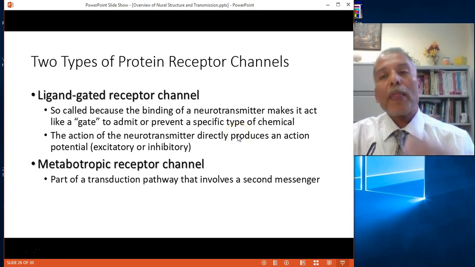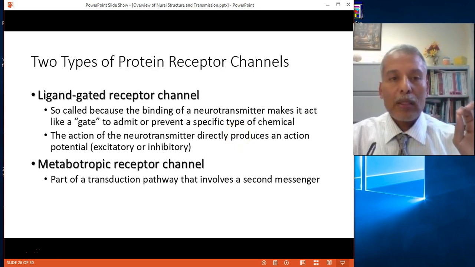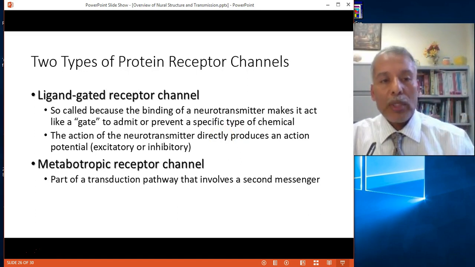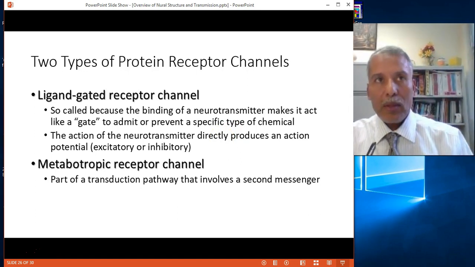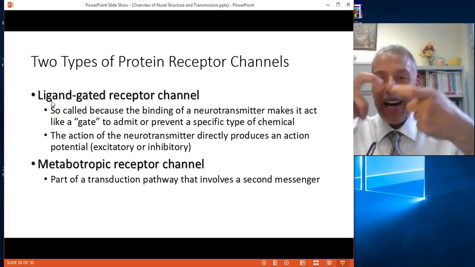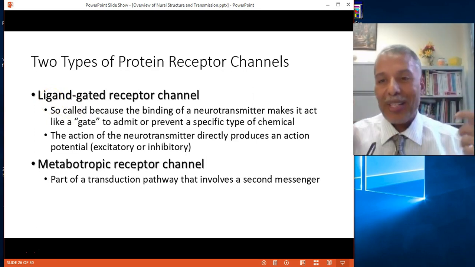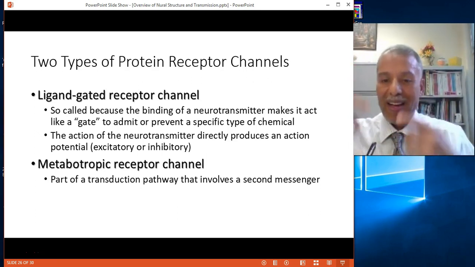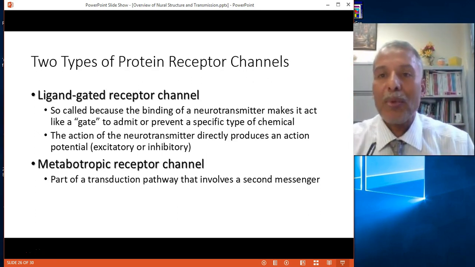So there are two kinds of receptor channels that we are going to look at in terms of neural transmission. One is called the ligand-gated receptor channel. Ligare means to tie. So a ligament is that little thread that connects a bone with a bone.